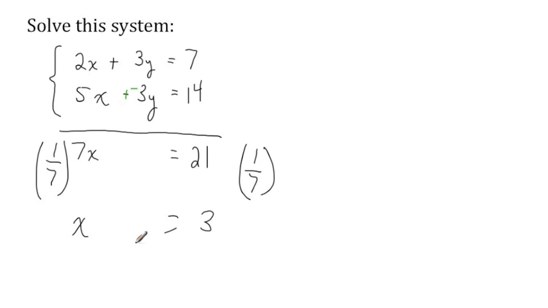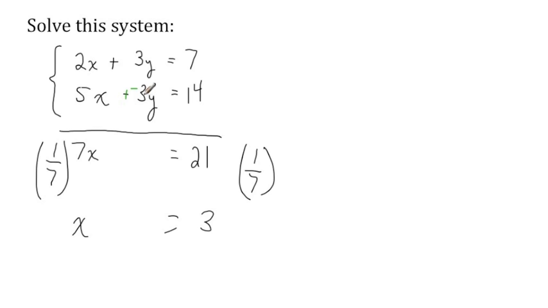However, whenever we're solving a system of equations, there's always more than one variable. In this case, there are two variables, an x and a y. So we're not finished. Just because we found x, we also have to go back and find y. In order to find y, we're going to take this x value and substitute it into one of the original equations.